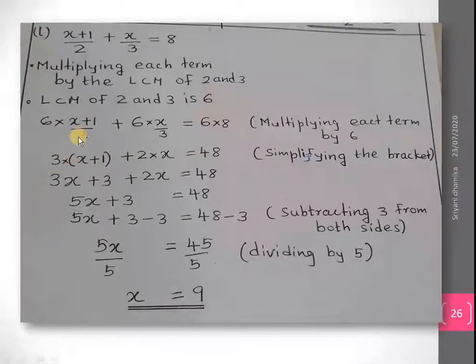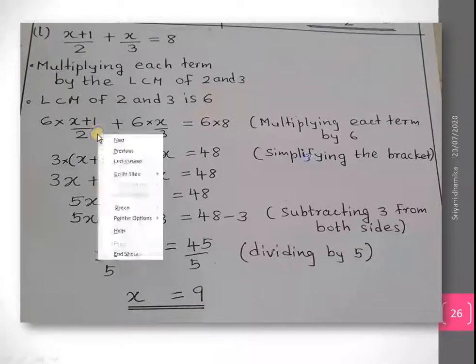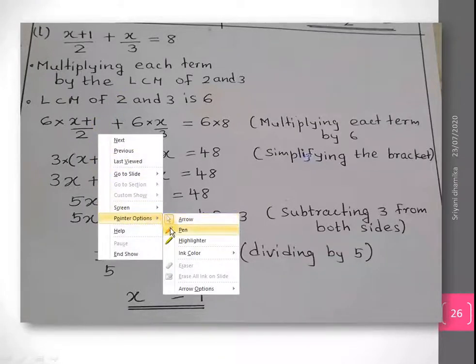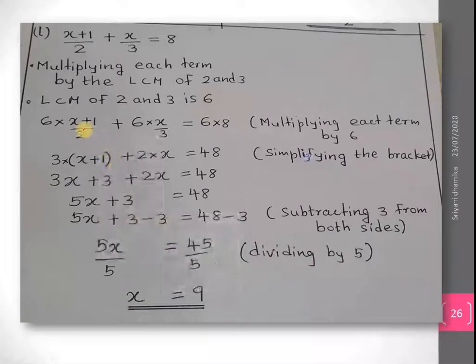Then remaining terms 2 times 1, 2 times 3 here. Then we can simplify this here. Now here 2 times 1, here 2 times 3.